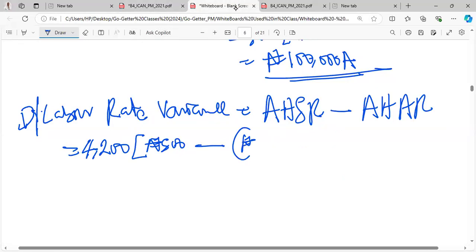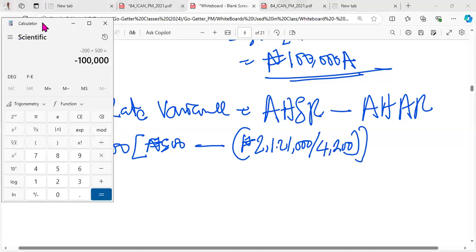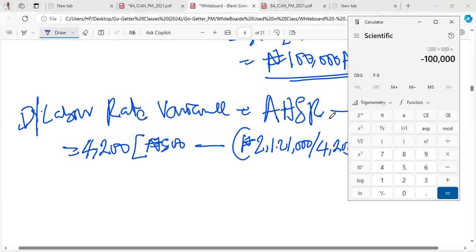So this is 2121 divided by 4,200. If you have to multiply both sides here, if you have to open the brackets, or spread it out like this, the way we did, this would have given us 4,200 times 500.